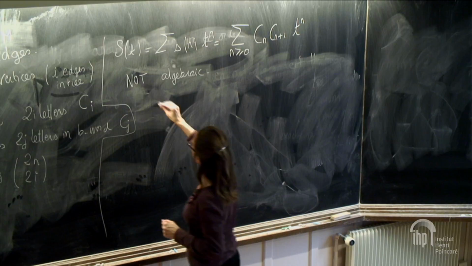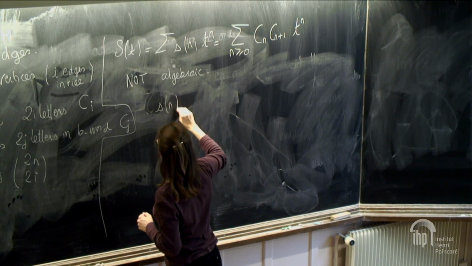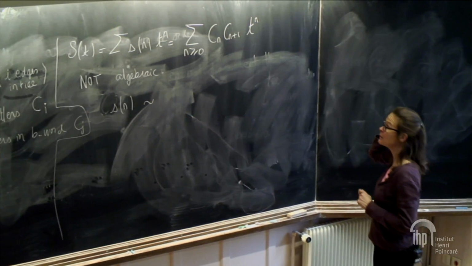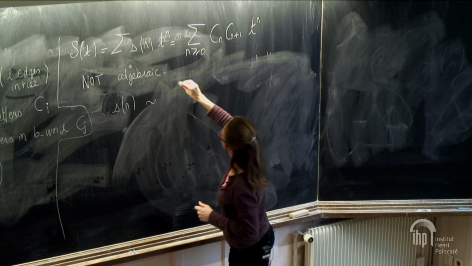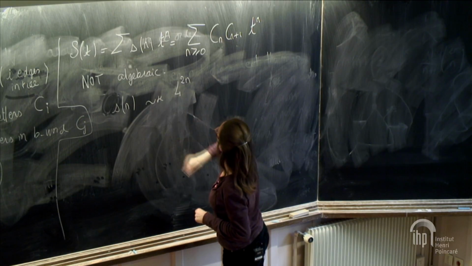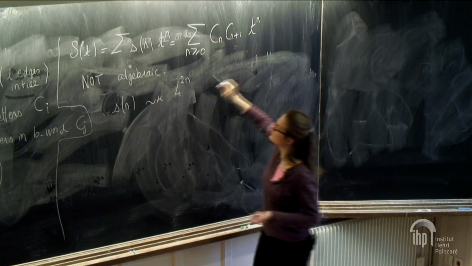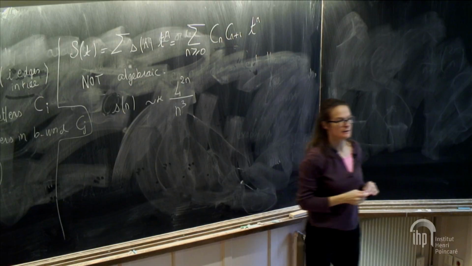And one way of seeing that is by looking at the asymptotic behavior of these numbers. So we have 4 to the n for each Catalan number, so you have 4 to the 2n. There's some constant, and then each Catalan gives n to the minus 3 halves, so you have n to the minus 3.